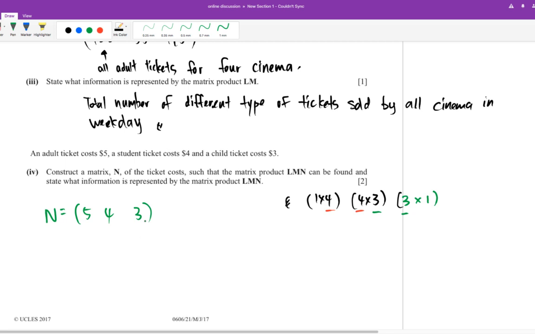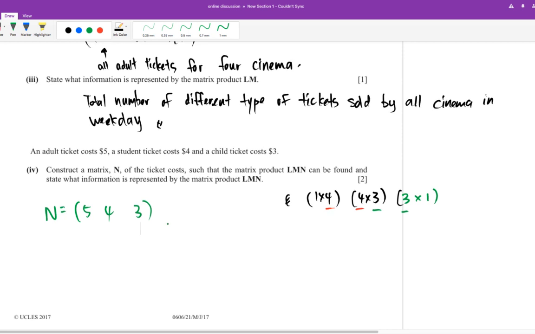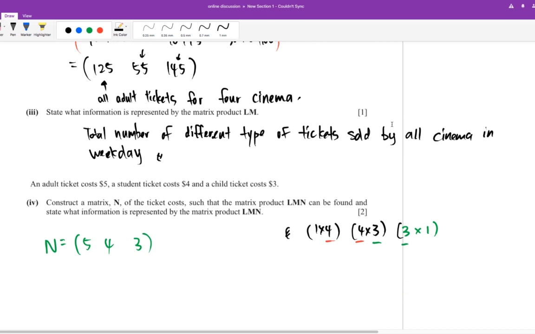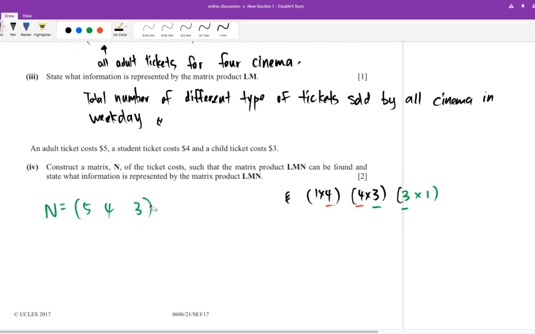They ask you to write N and state what information it represents. Sorry, this is a 3 times 1, I'm wrong, because 3 times 1 doesn't look like this.